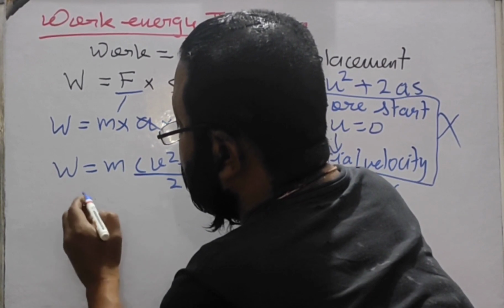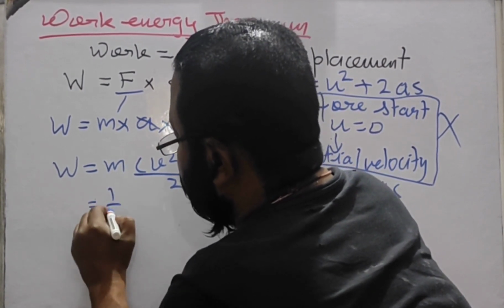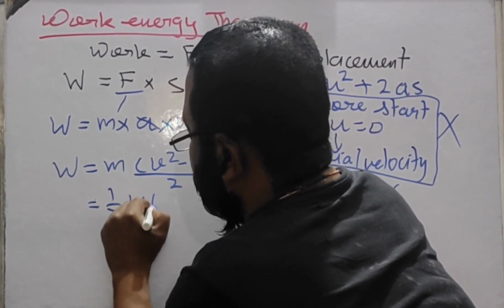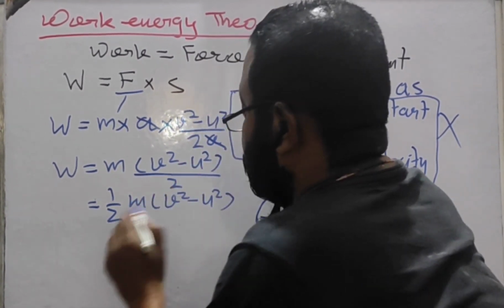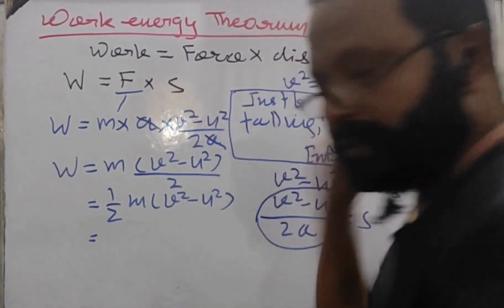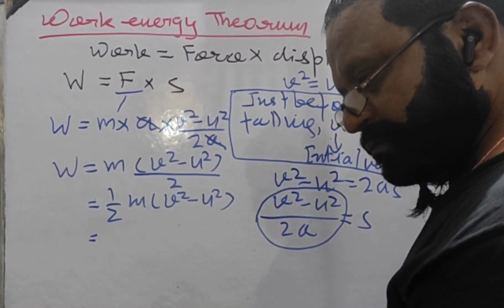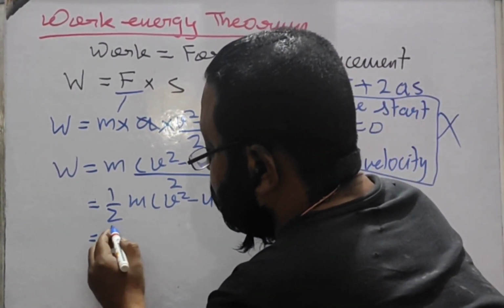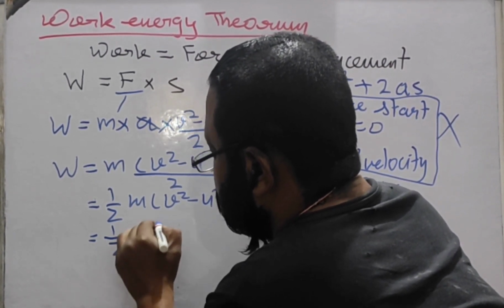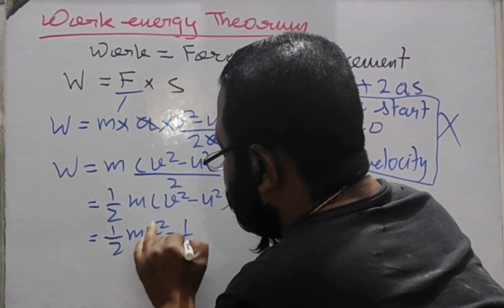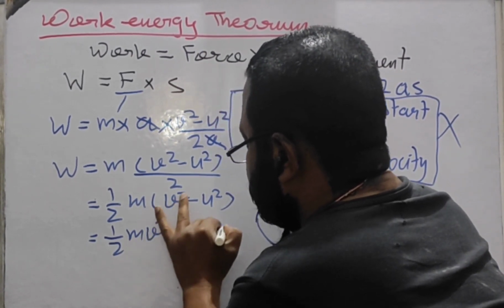So we can write half m v square minus half m u square.